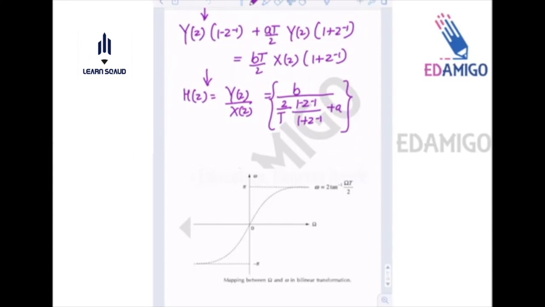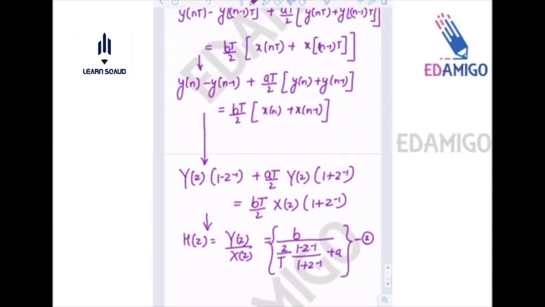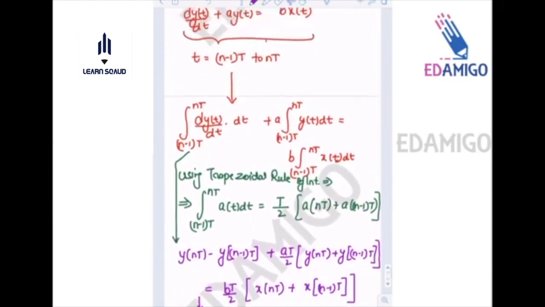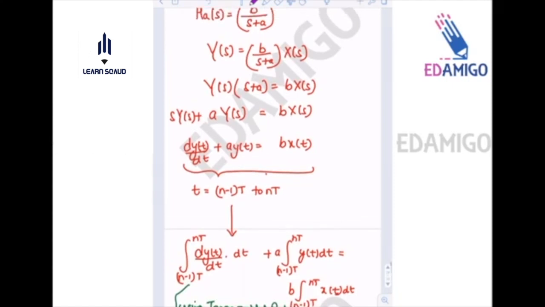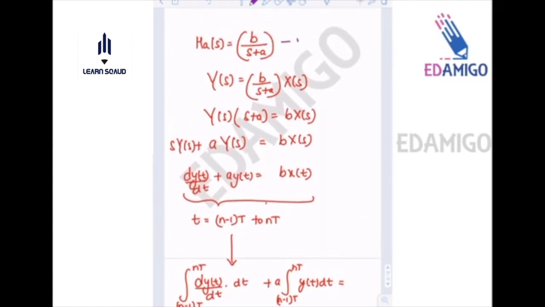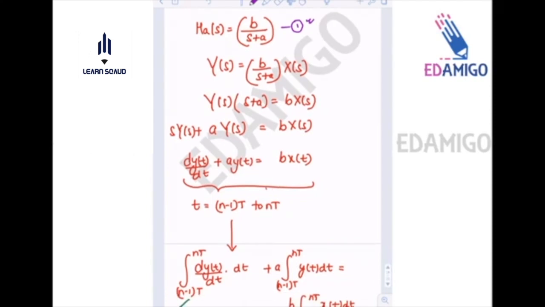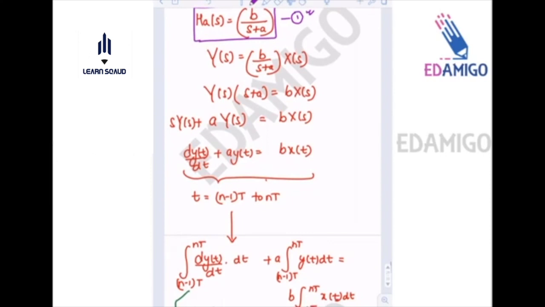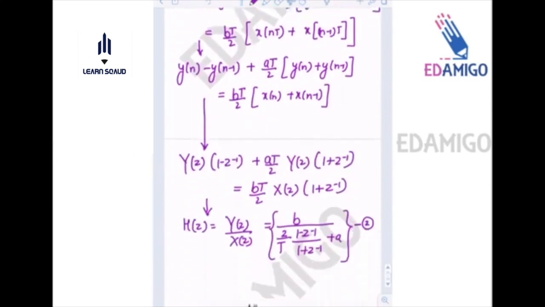Now let us say this is equation number 2, and the system which we had written in the starting is equation number 1. Equation number 1 is the analog system, and equation number 2 is the digital filter.